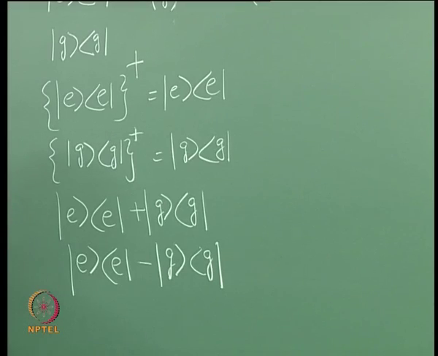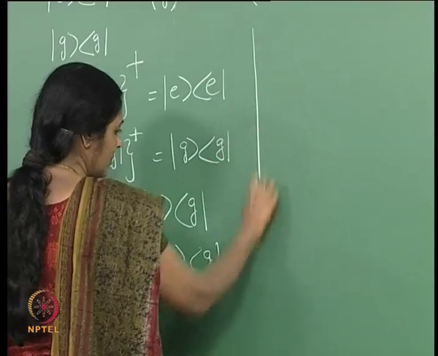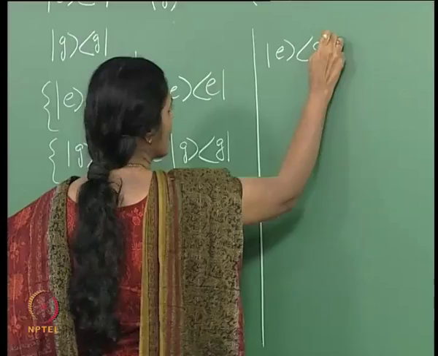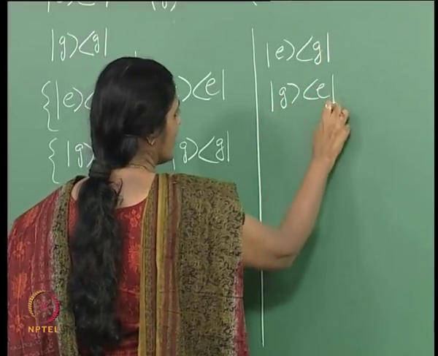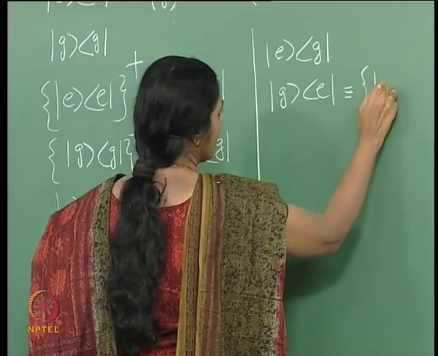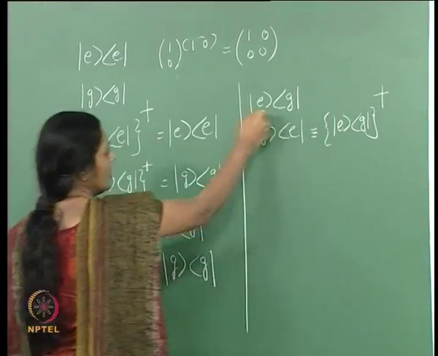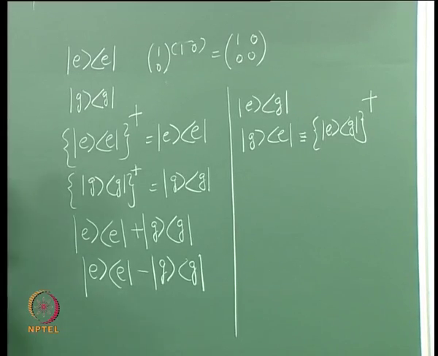These are evidently Hermitian operators. There are more operators that I can think of. I can have the non-Hermitian operator |E><G| and |G><E|. This object is clearly the Hermitian conjugate, or the dagger, of that operator. I can think of combinations of these.